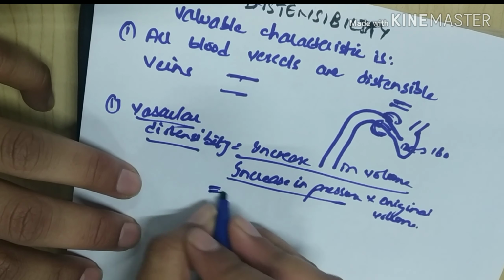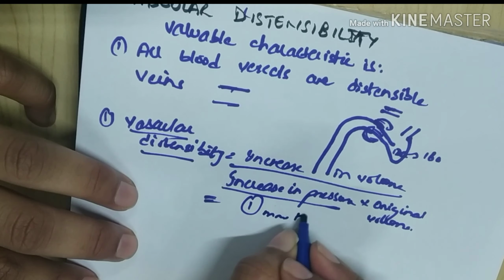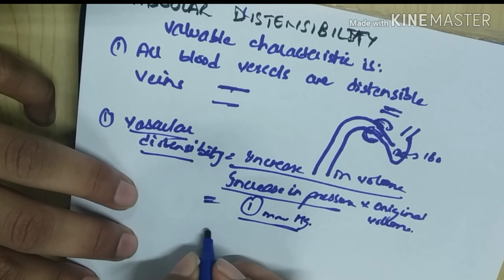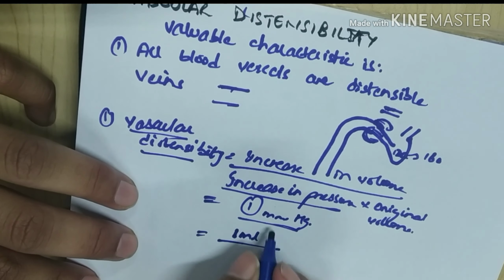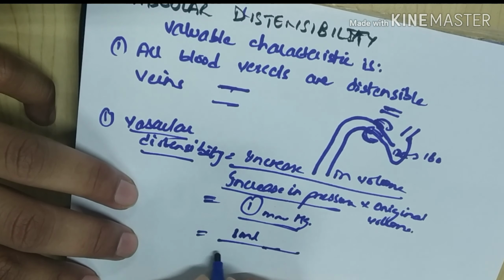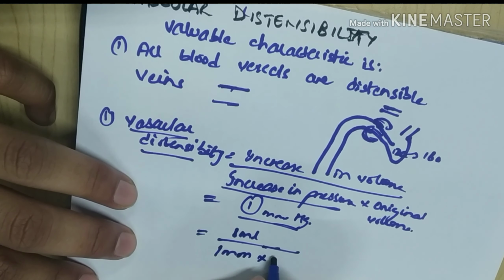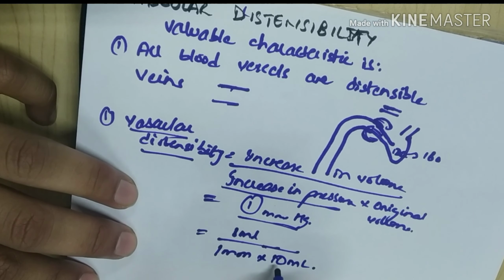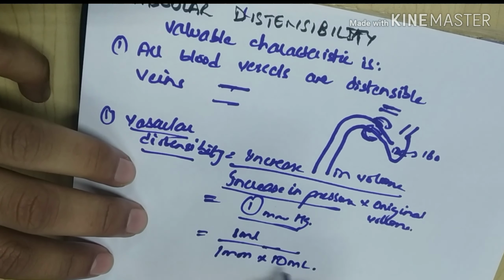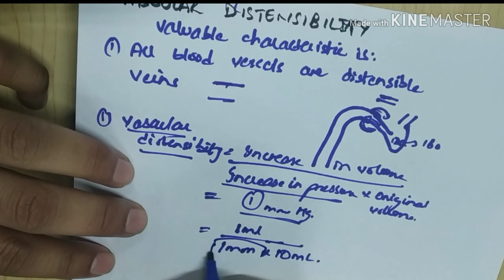Now if I increase the pressure in the blood by 1 millimeter Hg, assume that 1 milliliter of volume will go up for that 1 millimeter Hg. So I'll divide it by the total volume, which is around 10 milliliter if I assume. So the total volume is 10 milliliter, and there is a 1 milliliter increase in volume when I have increased the pressure by 1 millimeter.